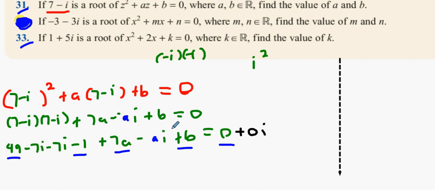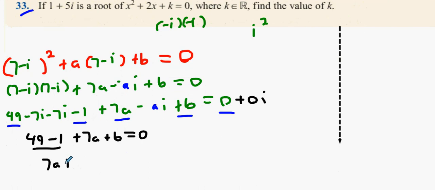Thank you. Now what do we do next? 49, take away 1, plus 7a, plus b equals 0. That's a 48, isn't it? Once we chuck it over to your side, 7a plus b equals minus 48. Alright, let's look at the other ones.